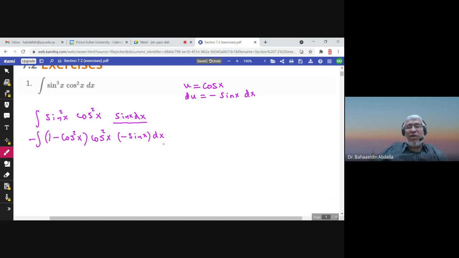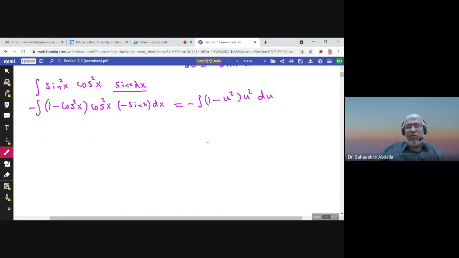And now the integral is ready to be changed to u. So any cosine, I'll call it u. So I'll have 1 minus u square because of cosine square. And I have cosine square outside, so this is also u square. And then negative sine x dx is just du.